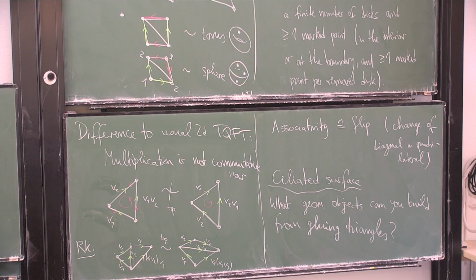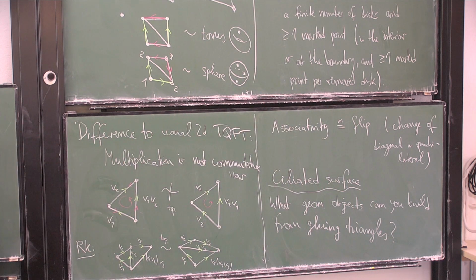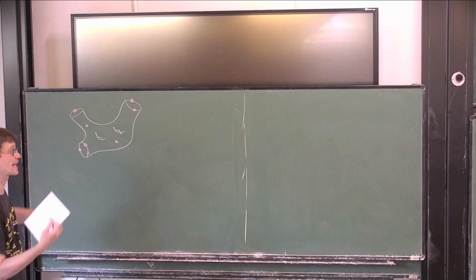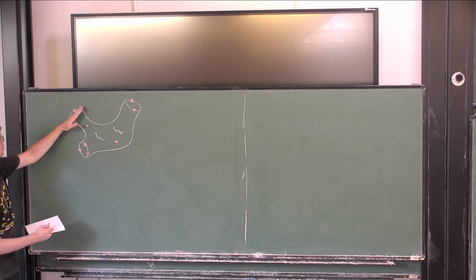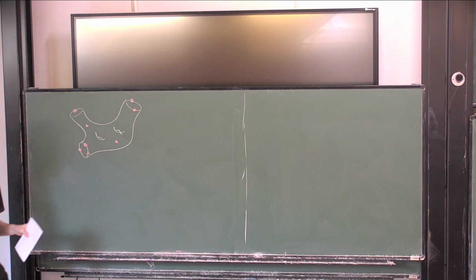Whenever I remove a disk, I have to mark at least one point. I can additionally remove points just like this. But it is actually possible to not remove any disk. But then what the definition says is you have to mark at least one point. If there are no boundary components, then you need at least one point.